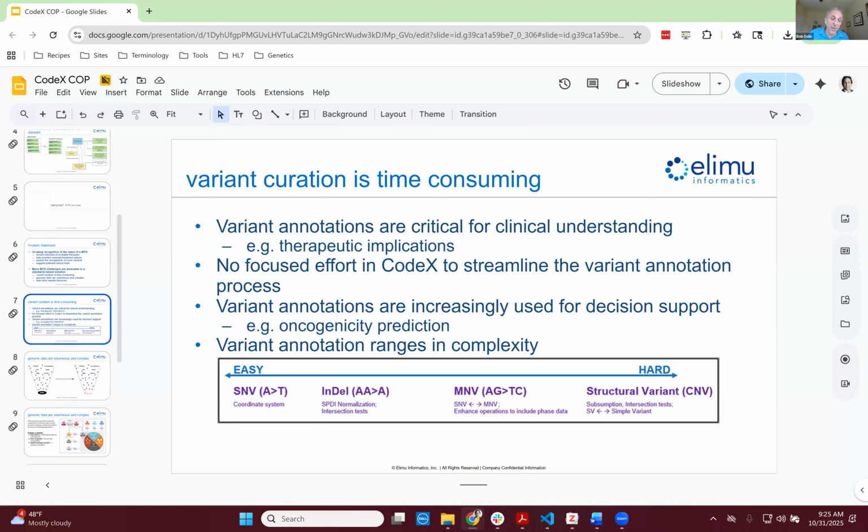I'll get back to the plan, but this is one of the discoveries, that variant curation can be very time consuming. We can automate it to some extent, but there's a lot of opportunity for advancing the science of dynamic variant annotation so that we can continue to automate the return of relevant annotations for a patient's variants.